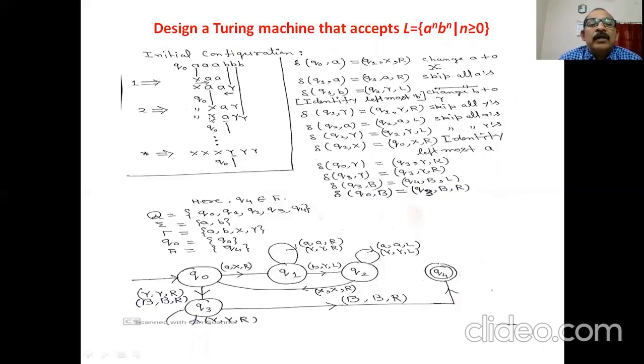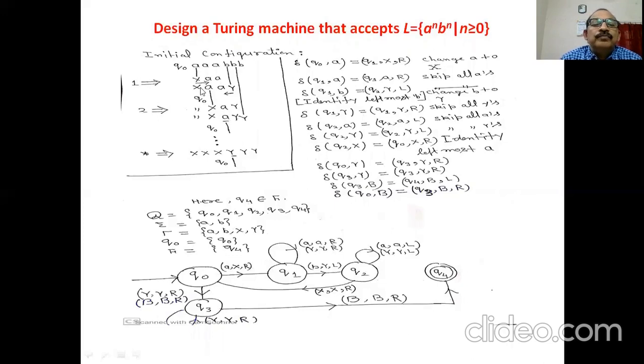Now, what will happen? You are skipping A and you will encounter this capital X. What will you have to do at this time? Machine in state Q2, input is X, it reads X, it goes to the initial state, replaces this capital X by X and moves in the right direction.